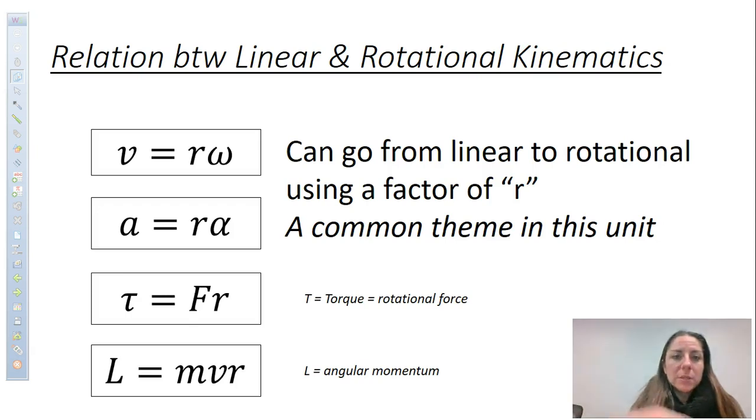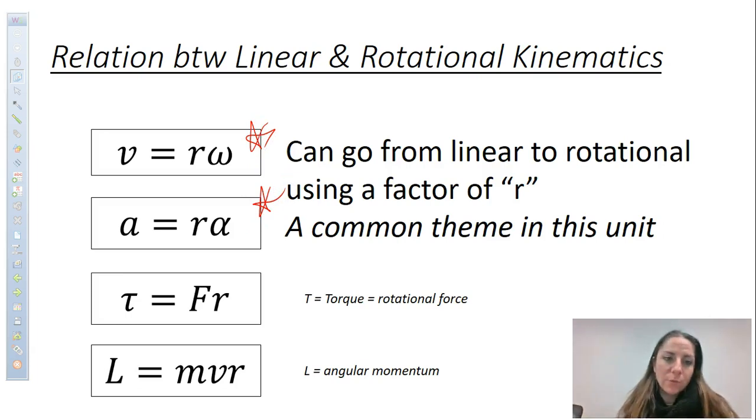Some big things I also want to point out are these equations. I introduced these right now, but we're going to see this common factor of r going from one unit to the other. Our next lesson is going to be rotational torque, but notice that torque is basically the radius of your lever arm times the force.